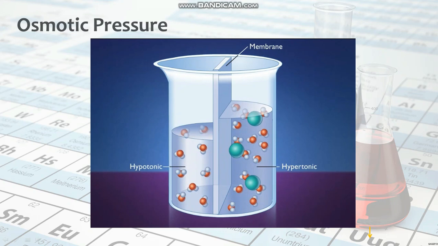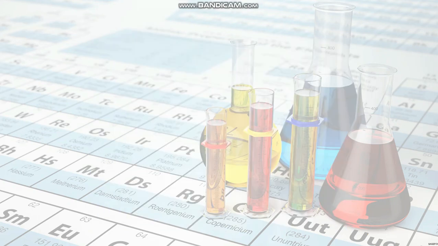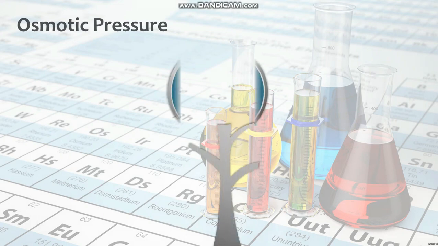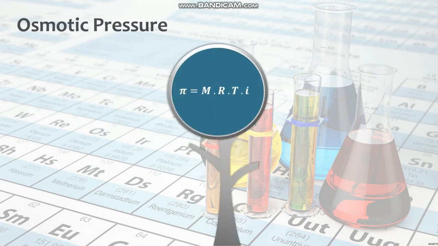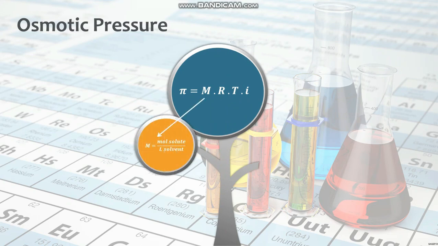And now, how do we calculate the osmotic pressure? Pi is equal to MRT times i. M is the molarity. It's equal to the moles of the solute particles divided by the liters of solution.